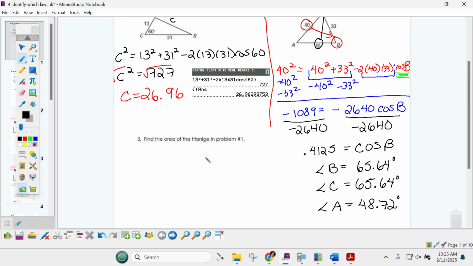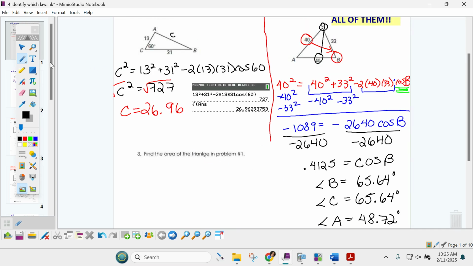All right, find the area of the triangle in problem 1. What's really convenient is we have side, angle, side already. So the area is 1/2 the sides multiplied together, sine of the angle between.